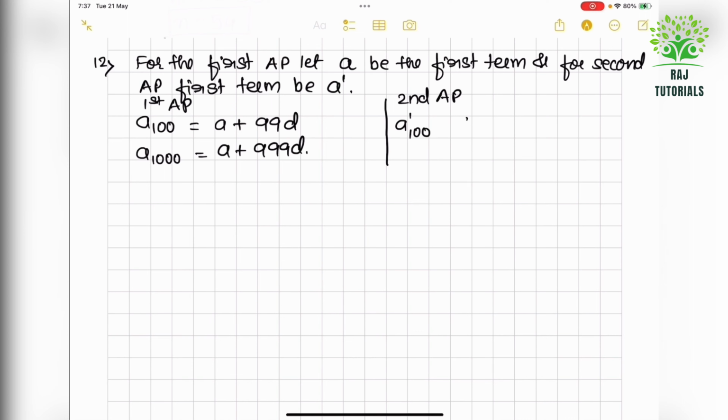A dash 100 will be A dash plus 99D and the 1000th term dash equal to A dash plus 999D. Given to me the difference between 100th term is 100. So can I say A minus A dash equal to 100?